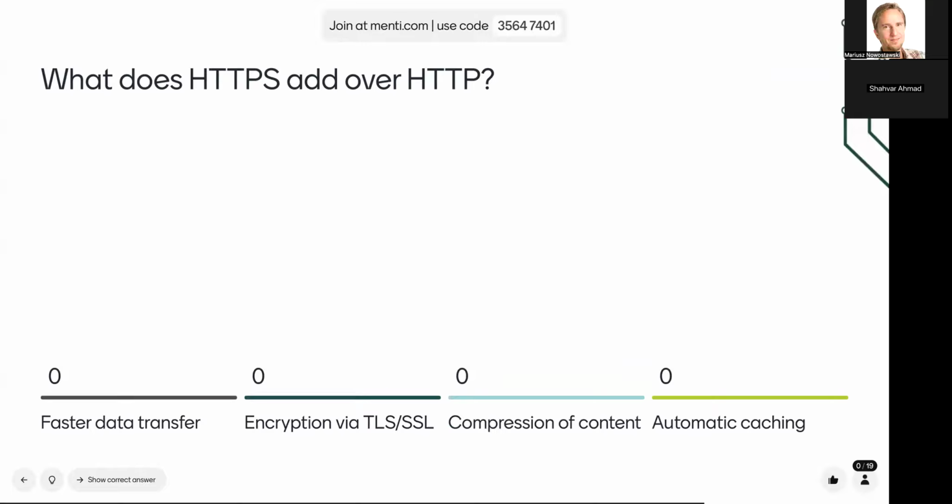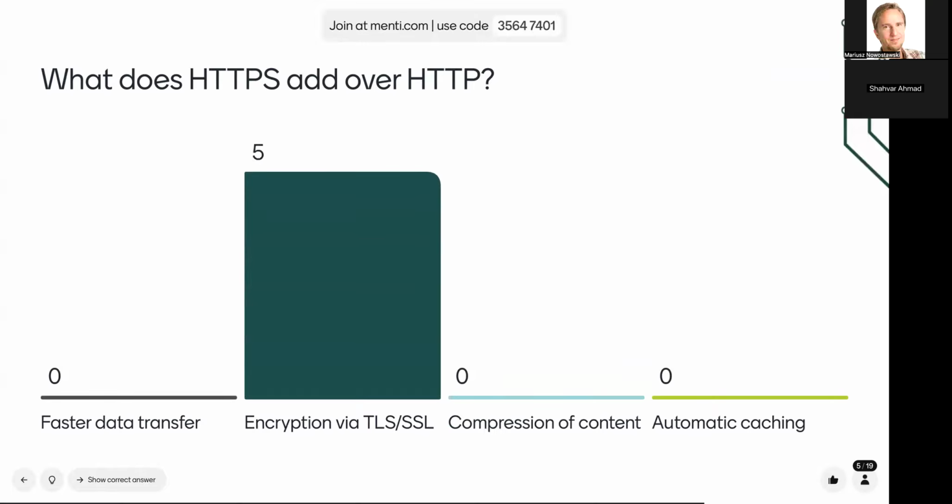Okay, so what is the difference between HTTPS and HTTP? Okay, so here we have the term encryption. This is what we will spend the next slide deck on.